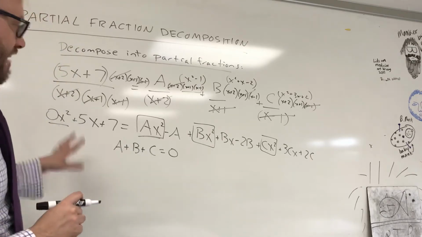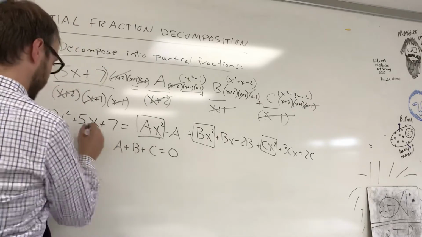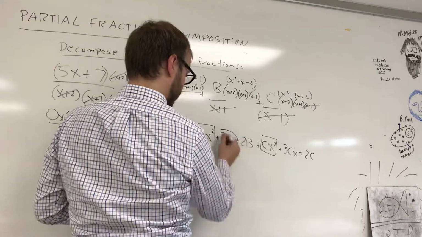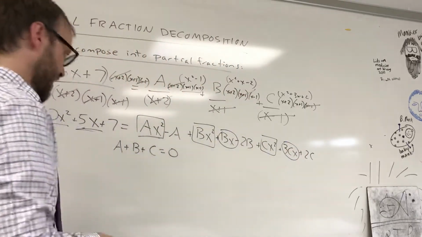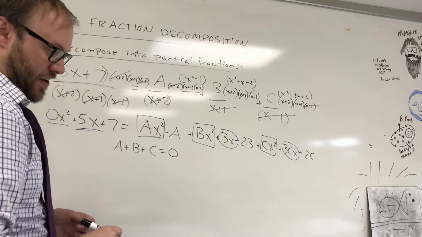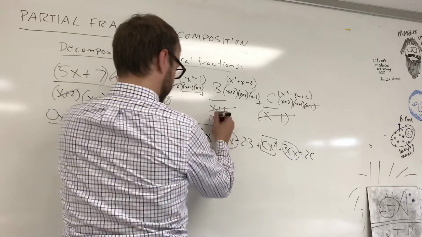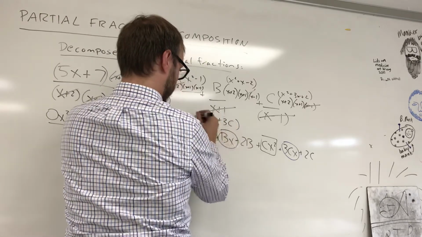Now I need to look at my x terms, okay? My x terms, of course, they're supposed to add up to 5x, okay? So I have a bx and I have a 3cx, okay? And so, of course, if I group those together, it's b plus 3c multiplied by x.